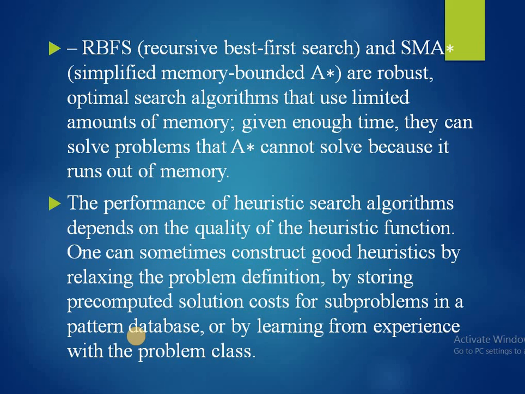The performance of heuristic search algorithms depends on the quality of the heuristic function. One can sometimes construct good heuristics by relaxing the problem definition, by storing pre-computed solution costs for subproblems in a pattern database, or by learning from experience with the problem class.